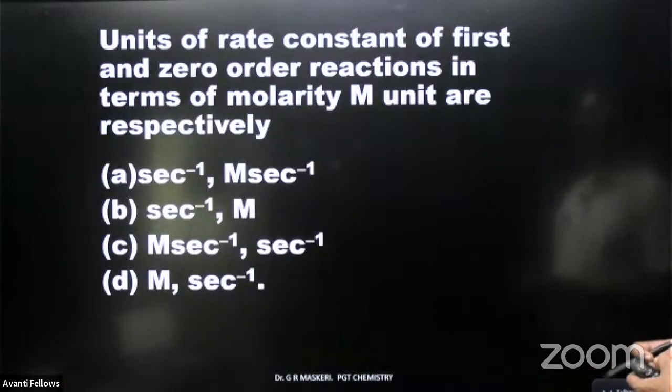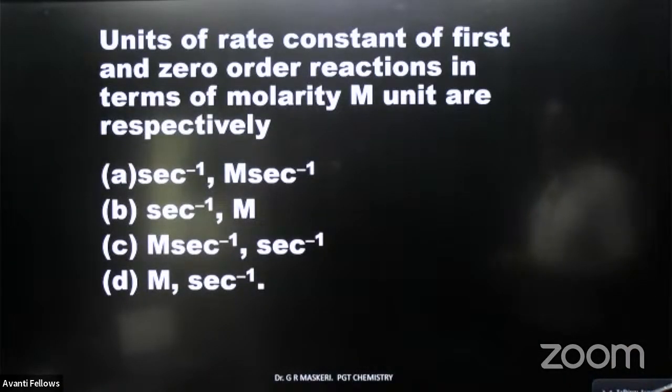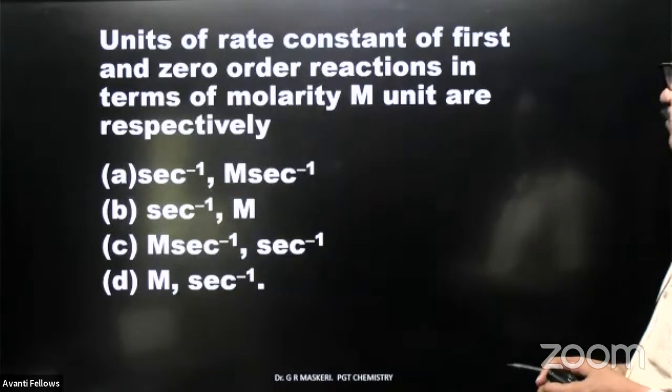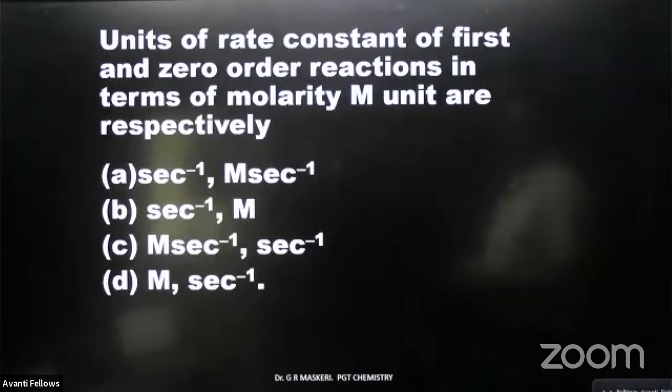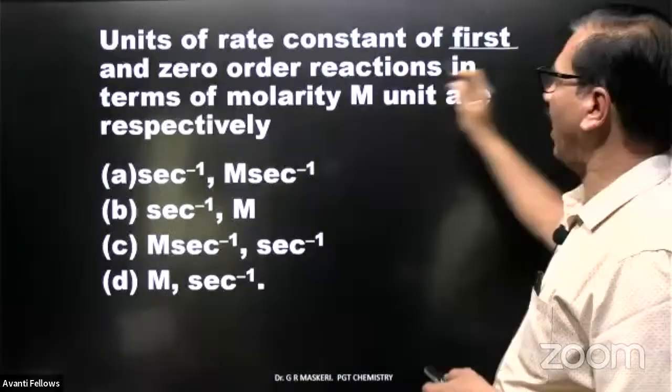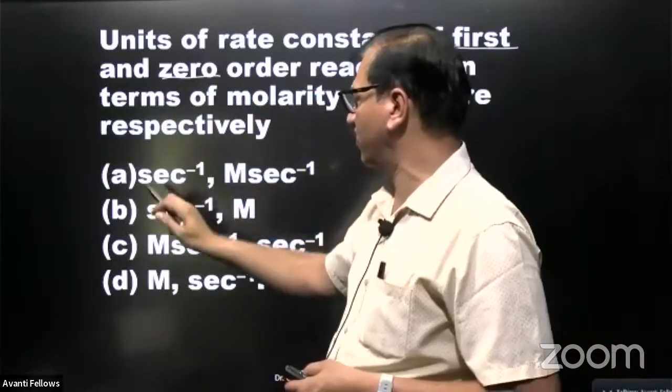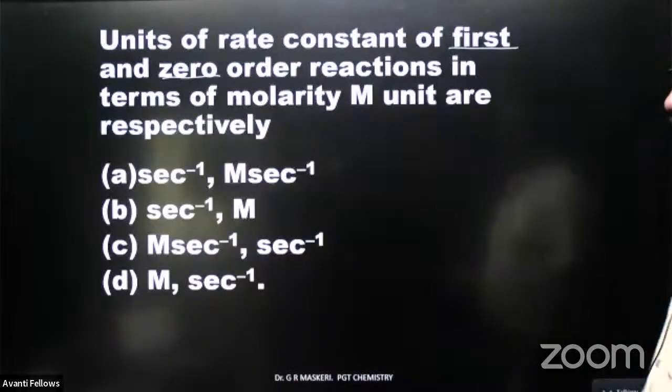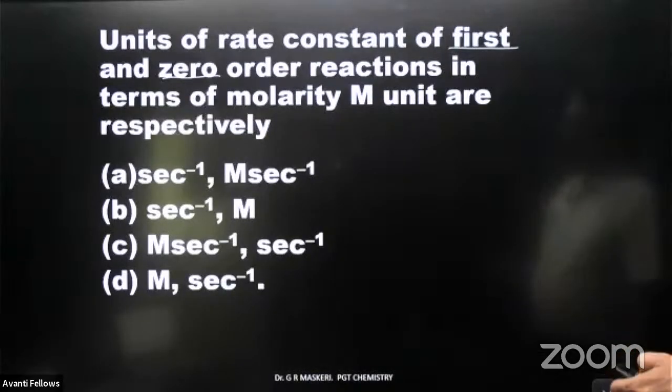Units of rate constant of first and zero order reactions in terms of molarity M are respectively which option? Option C? You have to take first and zero order. Option A, sir. Any other answer? Okay, right.